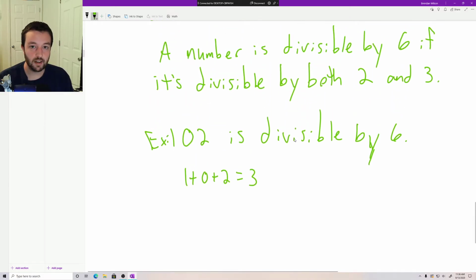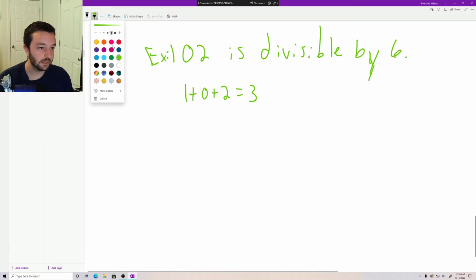I mentioned earlier that 5 is another one you can do visually, because you're just looking at if the last digit is 5 or 0. So let's write that one down.